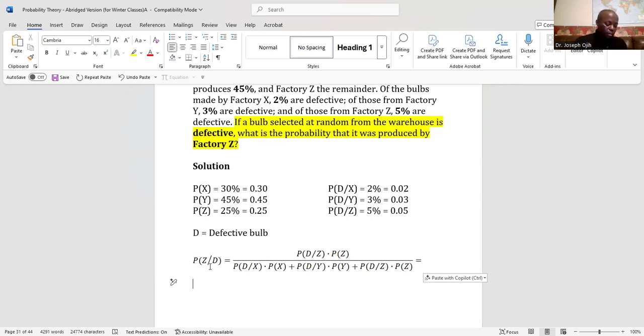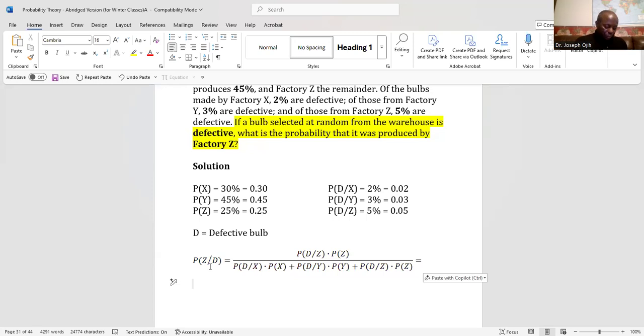Probability of factor X equals 0.30, factor Y equals 0.45, factor Z equals 0.25.